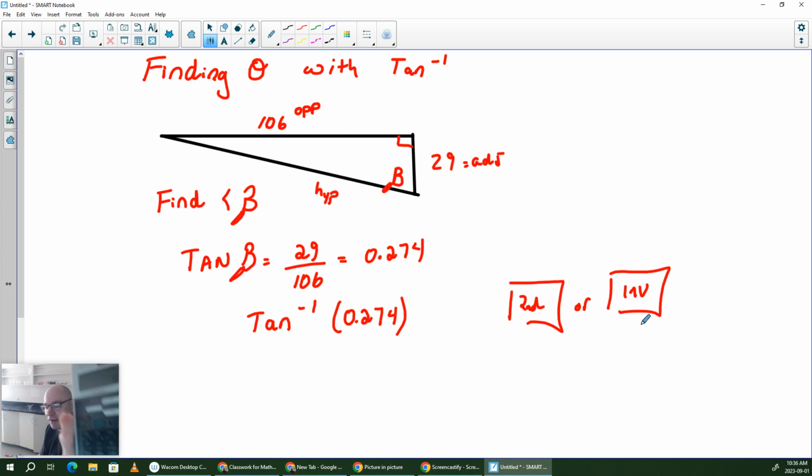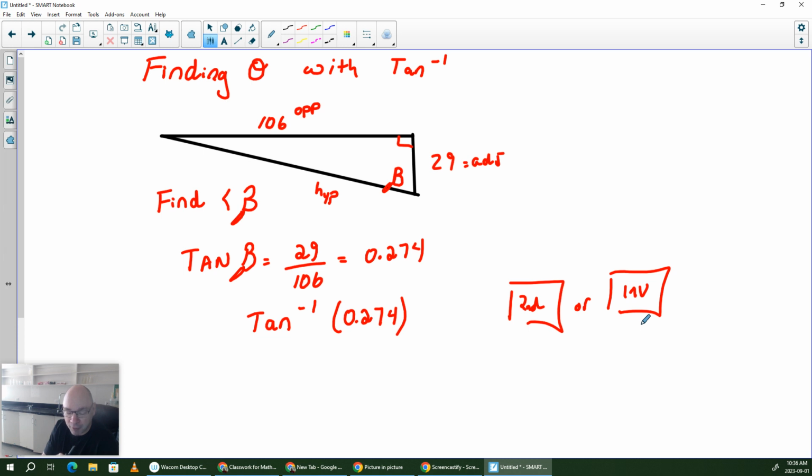Mine's called second function. So then I hit second function, and then I hit the tangent button. Okay, and then I would get equal. Sorry, that's wrong. I did it backwards. You got to do that for small ones.